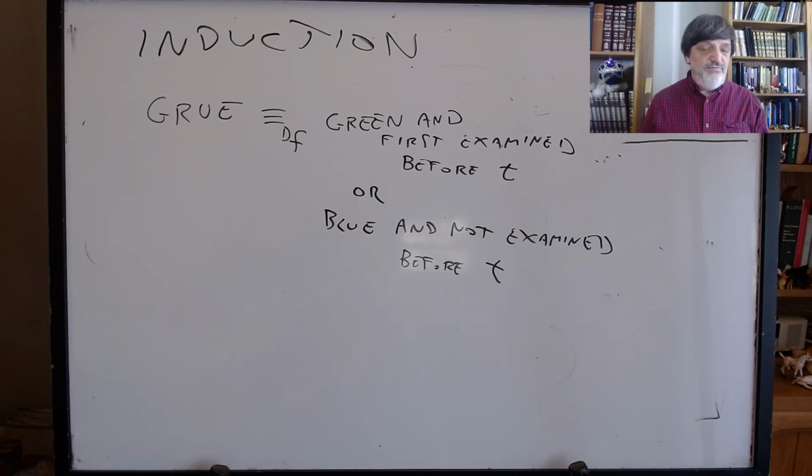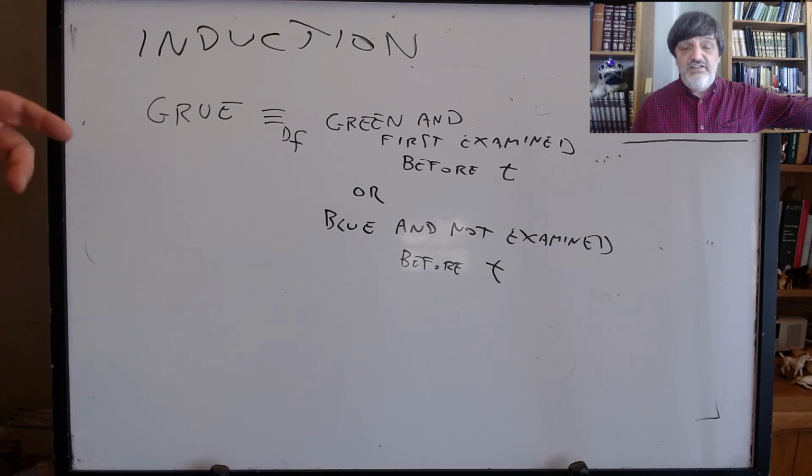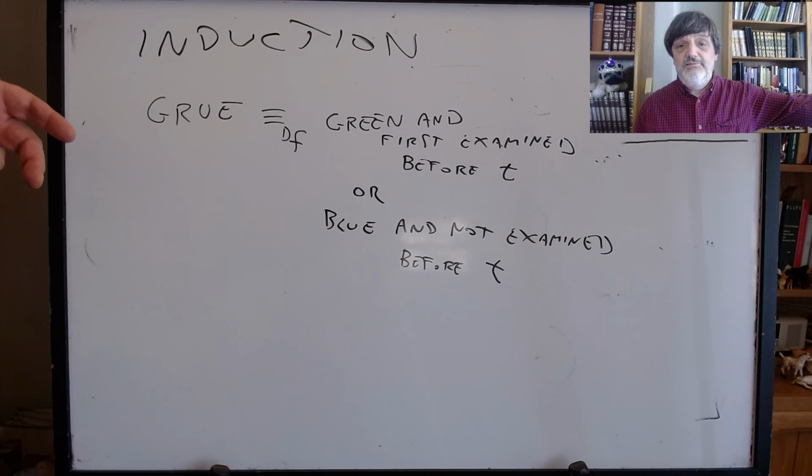Nothing changes from one color to another. Nothing changes from green to blue, and nothing changes from GRU to bleen, which I don't want to take the time to write up here, but bleen is just GRU with the definition reversed.